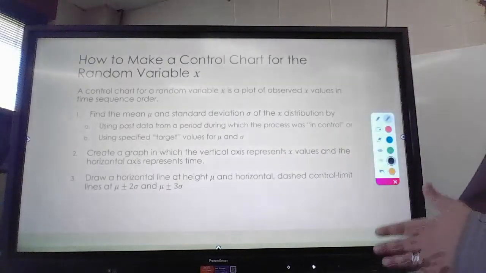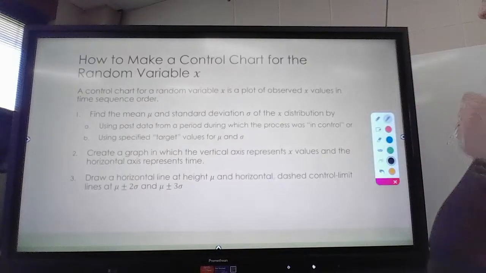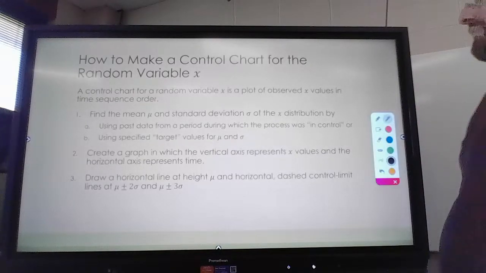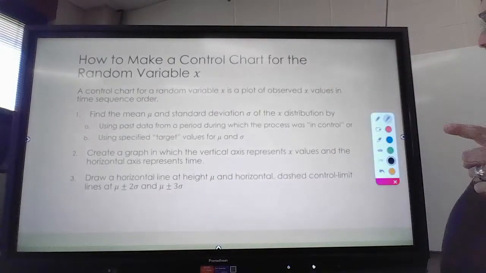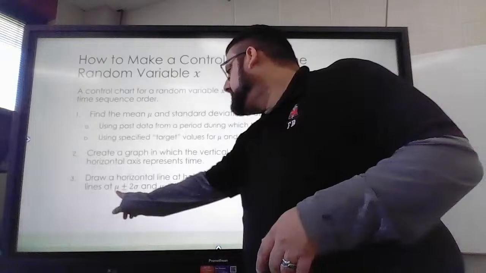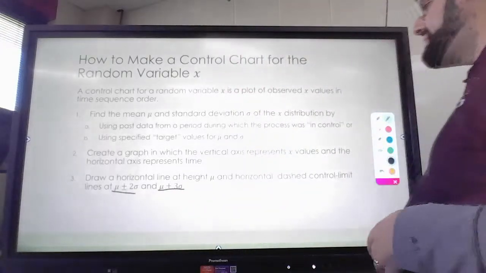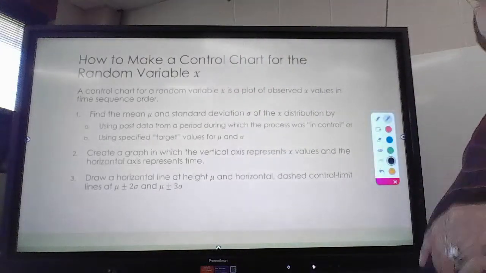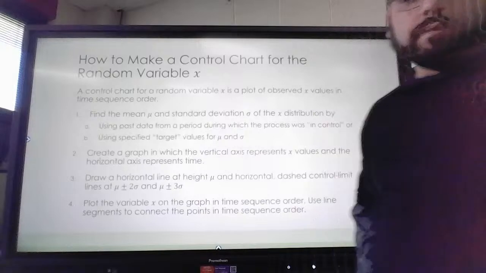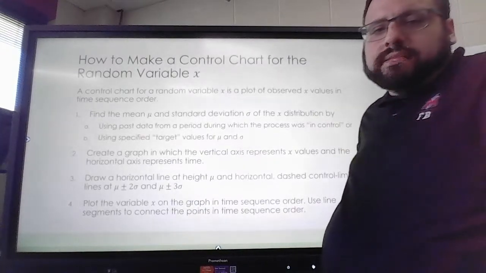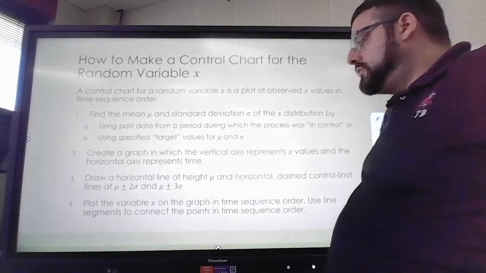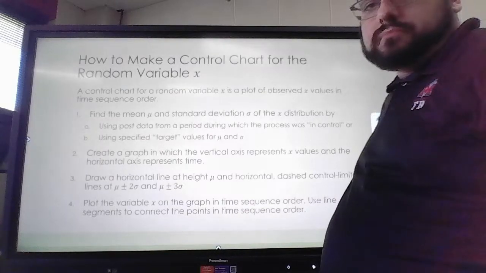And so in the middle of our vertical axis, we want to draw a horizontal line where the height is the average, and you want dashed control limit lines at 2 standard deviations and 3 standard deviations from the mean on either side. The last step is to plot the variable x on the graph in time sequence order, and then we connect those dots with line segments.